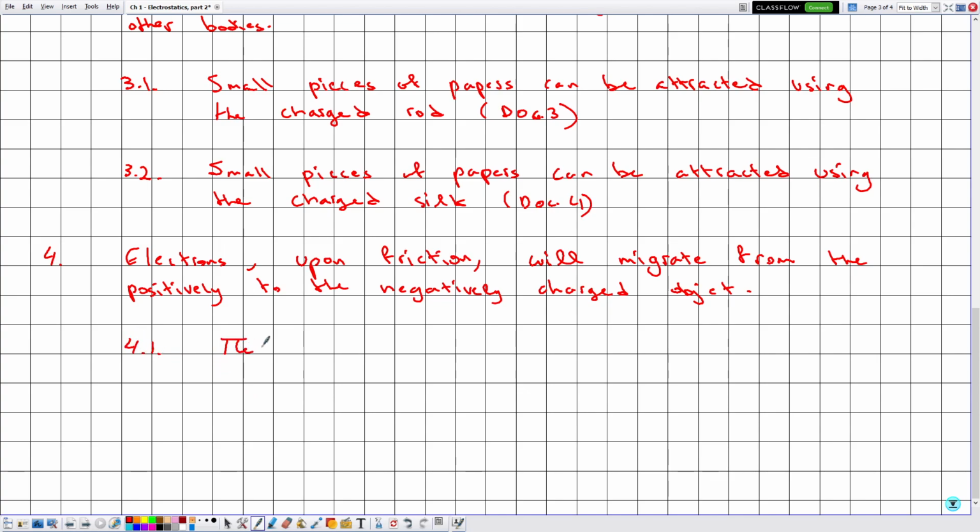So let me say the object that loses electrons, and by that it admits a deficit of electrons, will become, so the object will become positively charged.